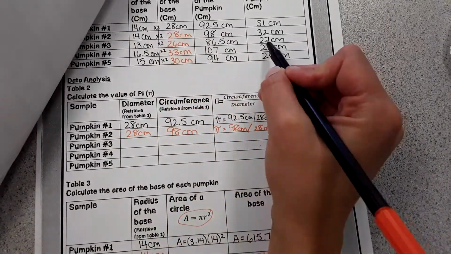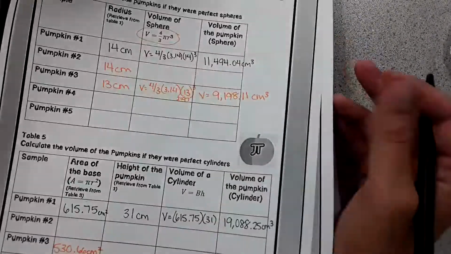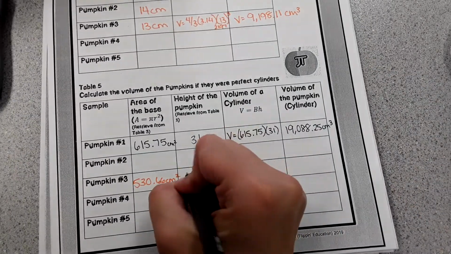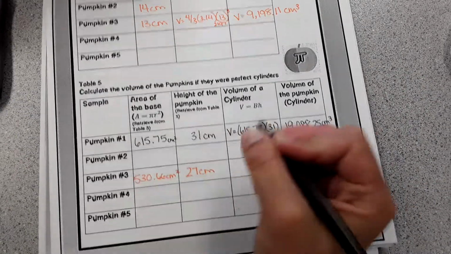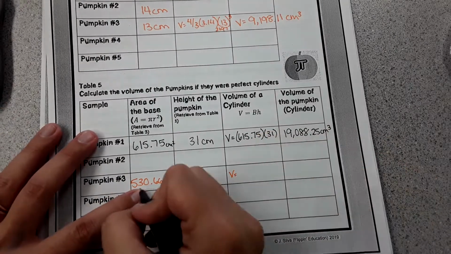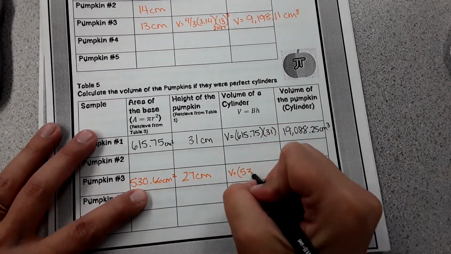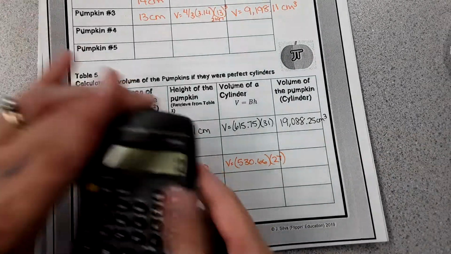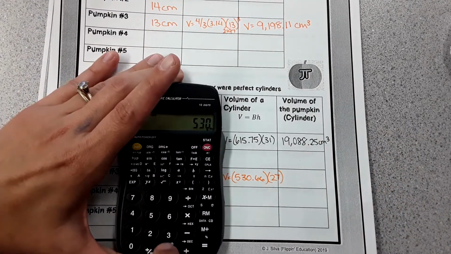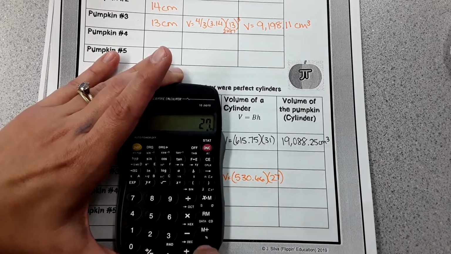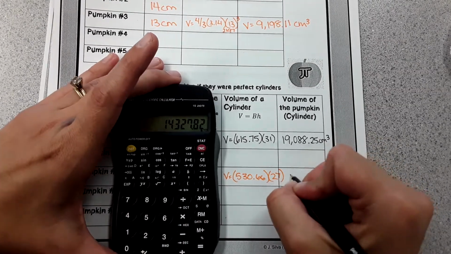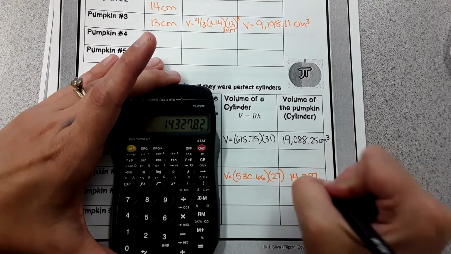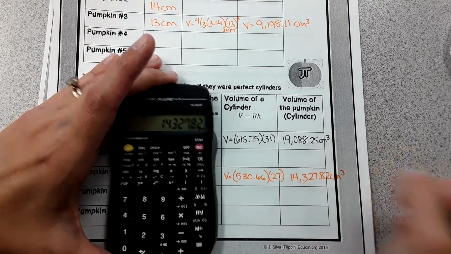Pumpkin 3 had a height of 27 centimeters. So to find the volume, I need to multiply the area of the base, 530.66 times 27, and this will give me the volume.